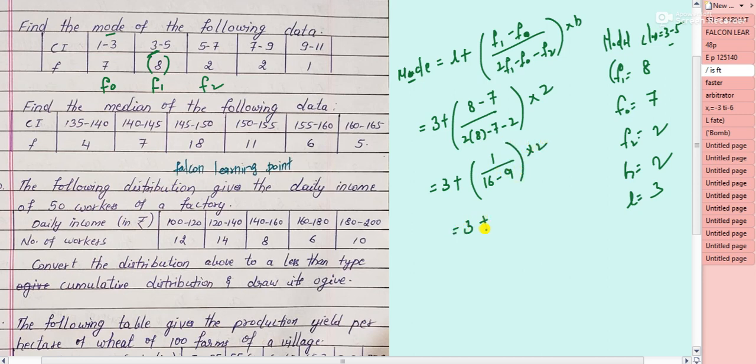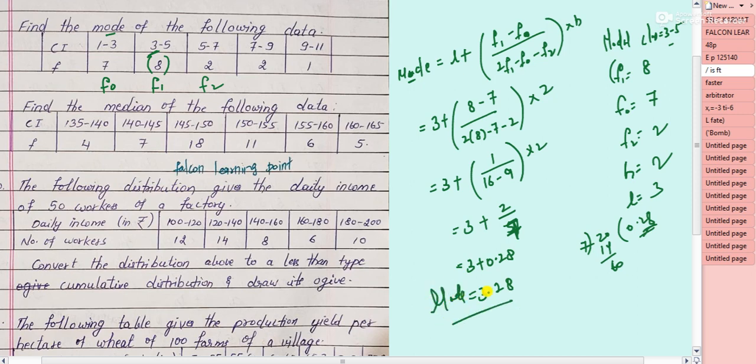So 3 plus 2 divided by 16 minus 9, which is 7, correct? So 2 by 7 is how much? Just do the division. It is 0.28. You can directly write 0.28, two decimal points are enough. So the answer becomes 3.28.